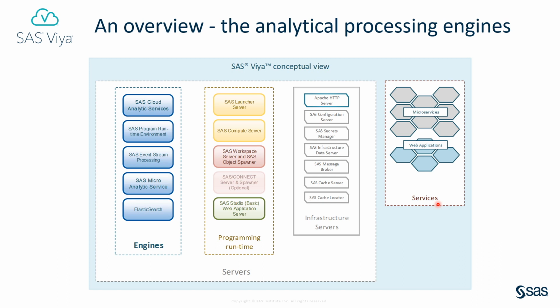When we're thinking about the SAS Intelligent Decisioning and the processing engines associated with that, the SAS Cloud Analytic Services, or CAS server, is used for batch processing. And as we'll go through and look at here, the SAS Micro Analytic Service is used for our real-time processing.